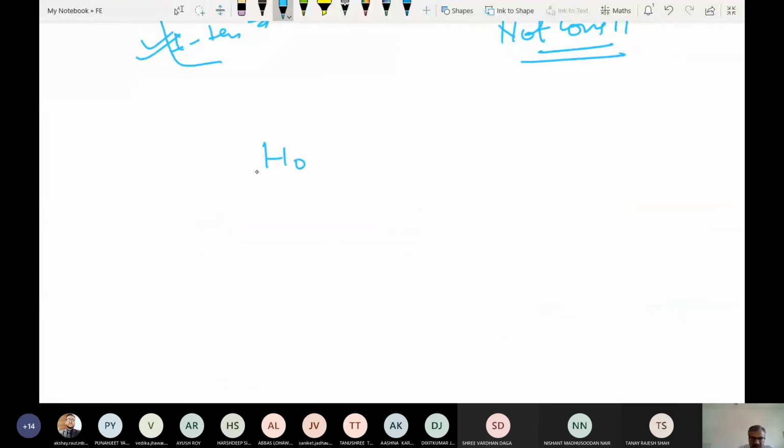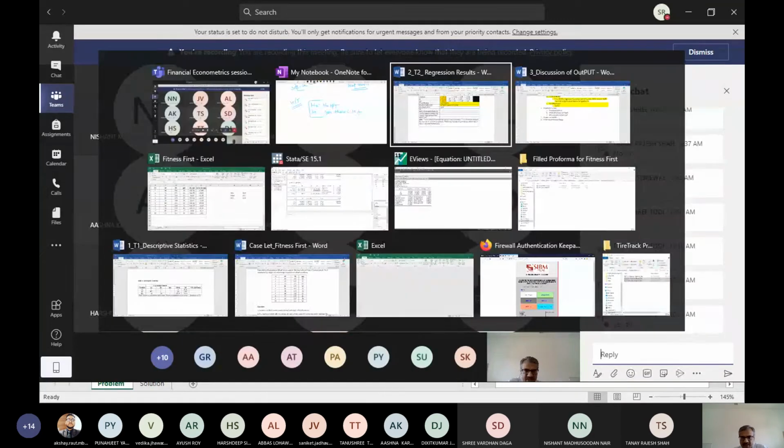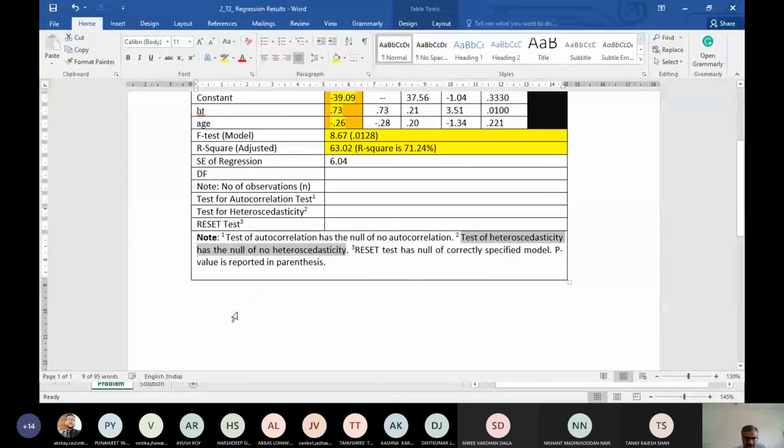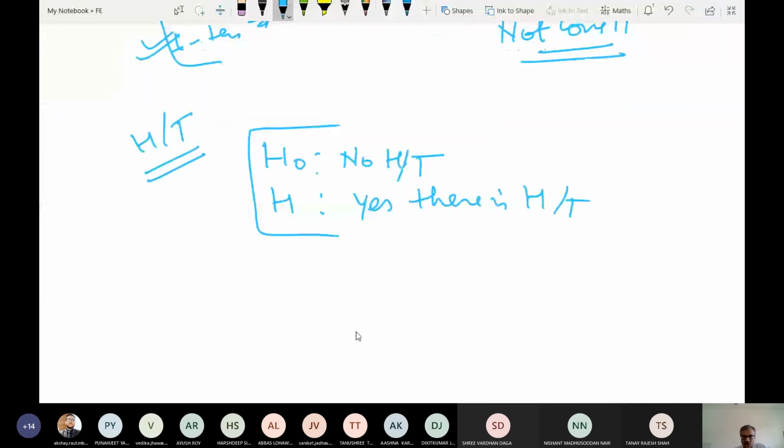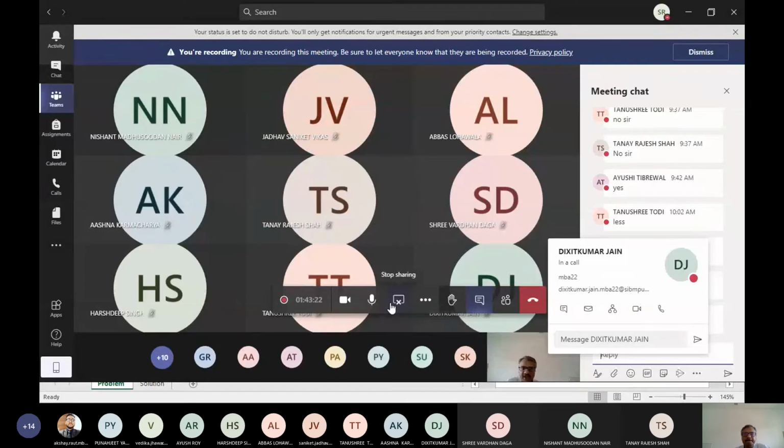So my null for heteroscedasticity is H naught: no heteroscedasticity. H alternate: yes, there is heteroscedasticity. You can check the language, no heteroscedasticity. Same thing is reported: test of heteroscedasticity has null of no heteroscedasticity. Class, are you with me?